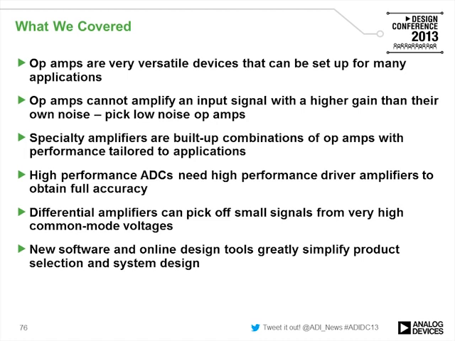High-performance ADCs require high-performance driver amplifiers to obtain full accuracy. Differential amplifiers can pick small signals from very high common mode voltages. Also, new software and online design tools can greatly simplify product selection and system design.